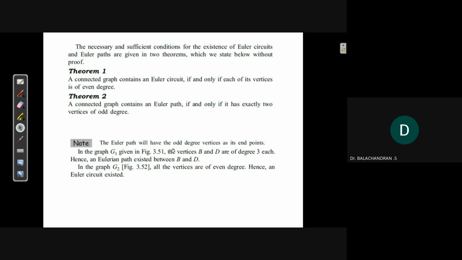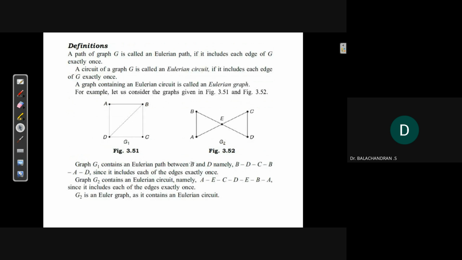This is an important note. In the graph G1, B and D have degree 3 each, hence an Eulerian path exists between B and D, with both odd degree vertices as endpoints.